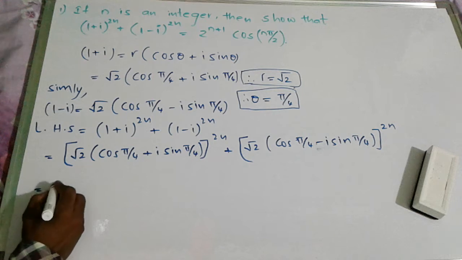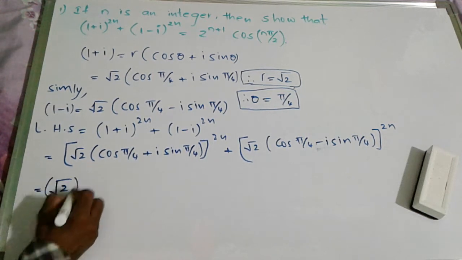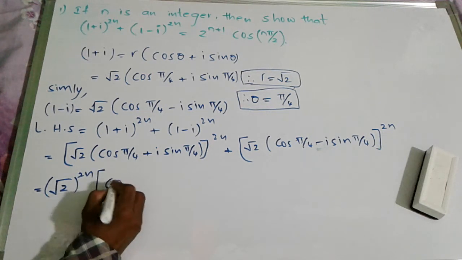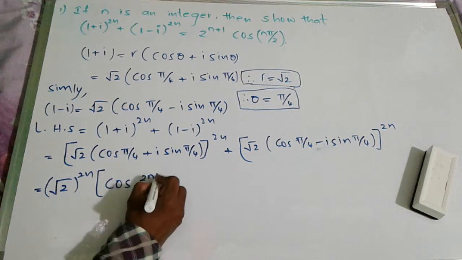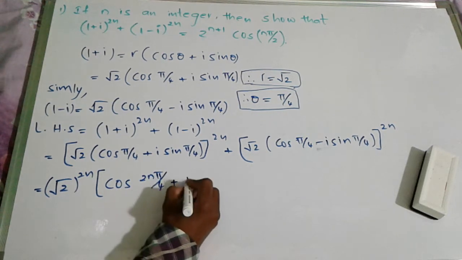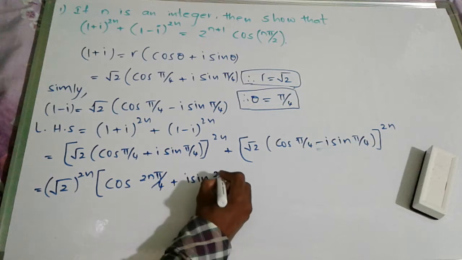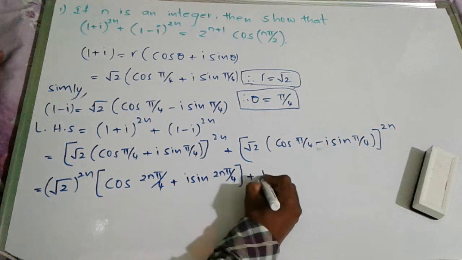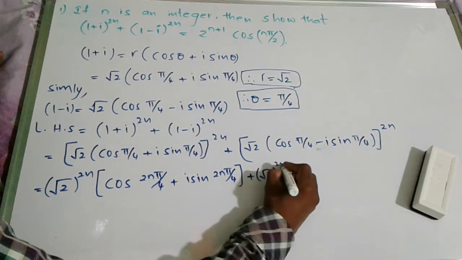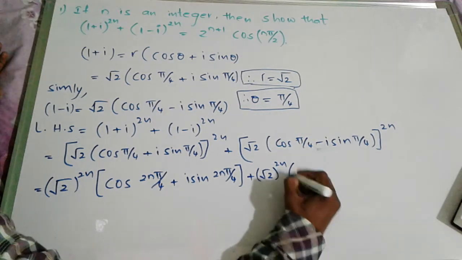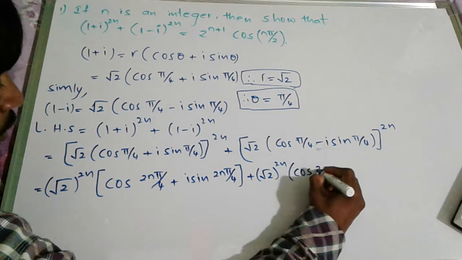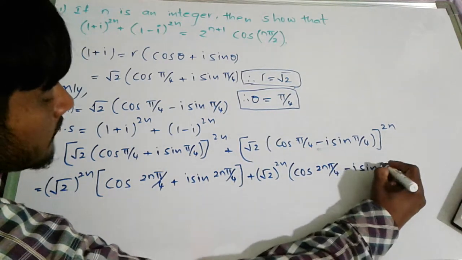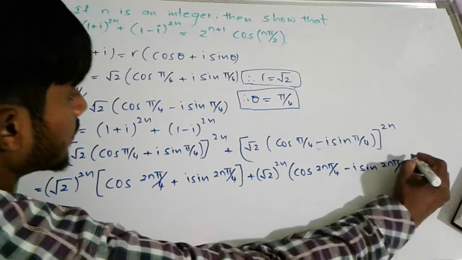After applying we get root 2 whole power 2n, cos 2n pi by 4 plus i sin 2n pi by 4, plus root 2 whole power 2n, cos 2n pi by 4 minus i sin 2n pi by 4.